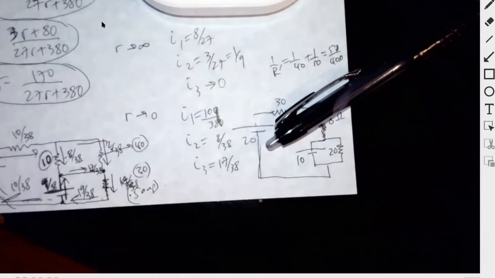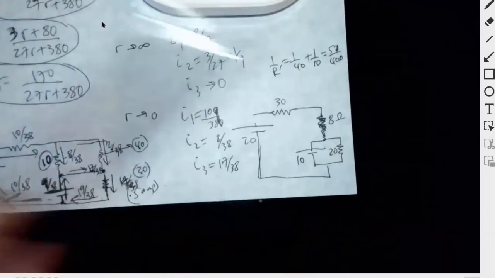Because once we have that, we can actually say that the voltage difference on that 38 ohm resistor is going to be the 10 volts, right? Because we have 20 volts on one side and then 10 volts on the other. You can actually get the current on that part of the circuit.